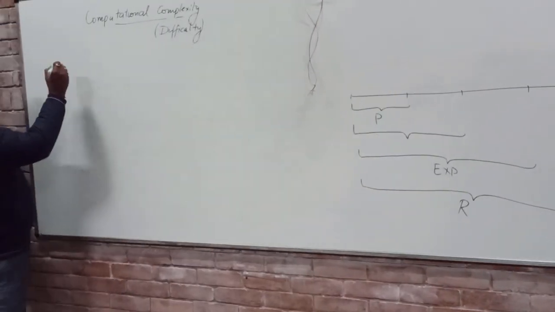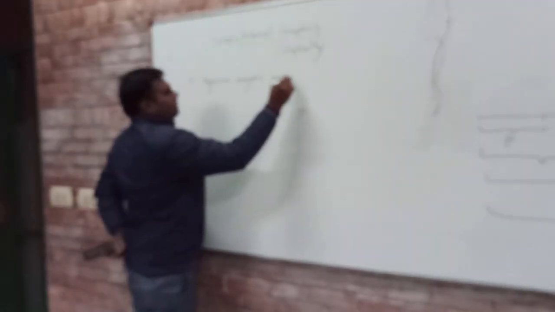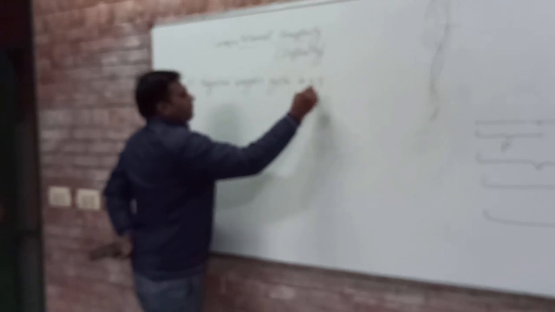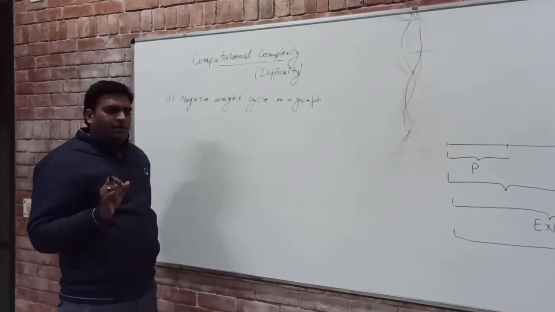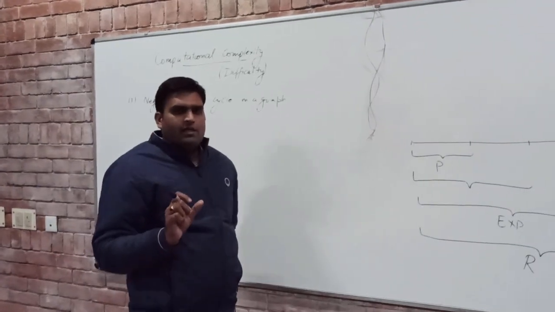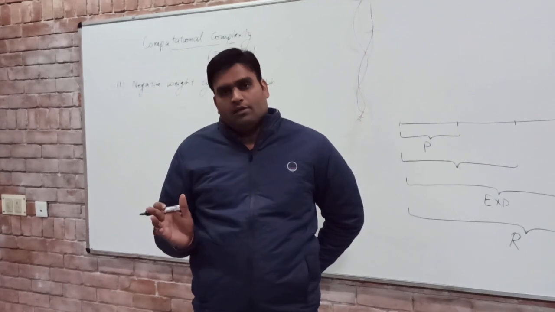The first problem I have taken is negative weight cycle in a graph. That means I have to detect whether a graph contains a negative weight cycle or not.